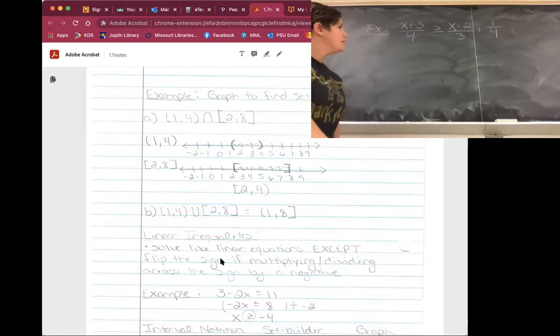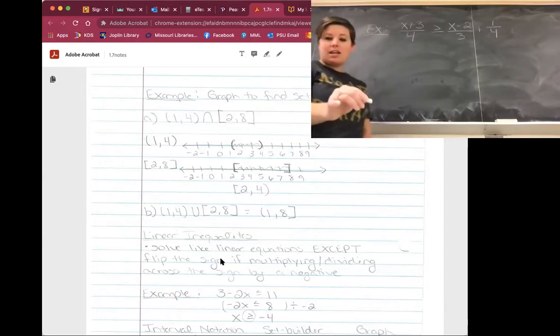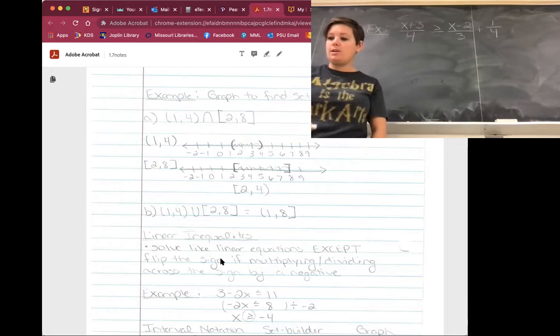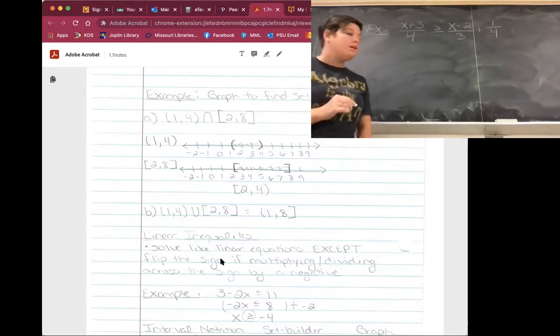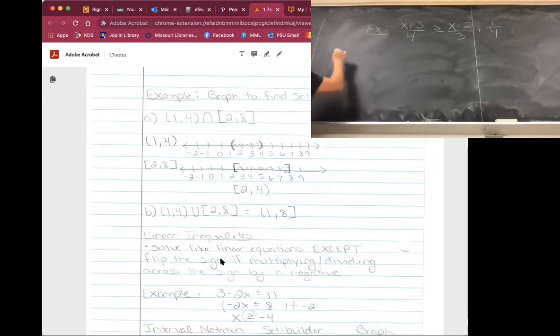If you have one like this where it's got a bunch of fractions in it, and you don't like to deal with fractions because none of us do, then the first thing you're going to do is multiply everything by the least common multiple, or the least common denominator. If I write out my multiples of 3: 3, 6, 9, 12, 15, and so on.